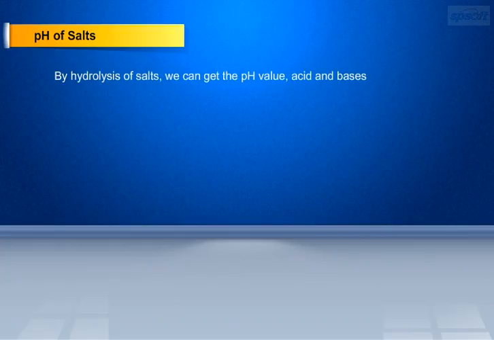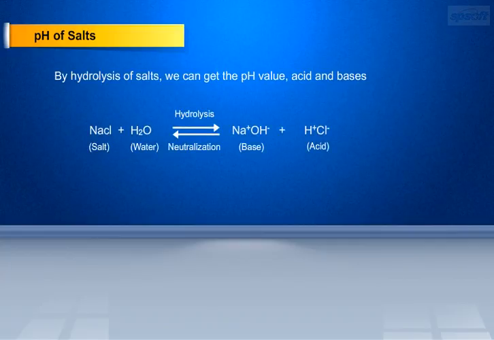By hydrolysis of salts, we can get acid and bases and their pH value. The chemical equation is NaCl plus H2O on hydrolysis gives NaOH plus HCl.